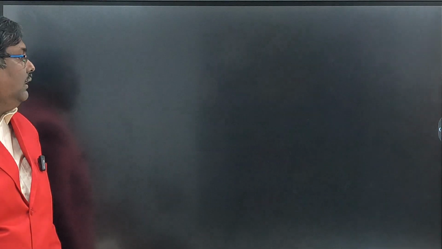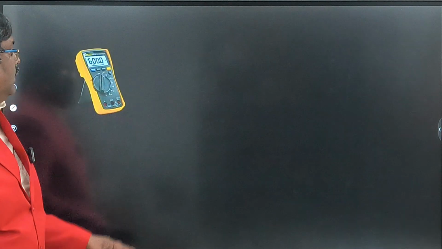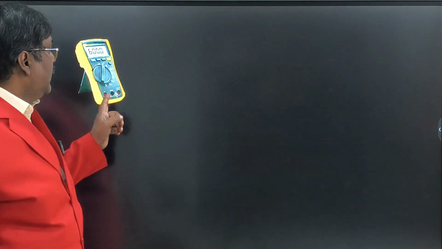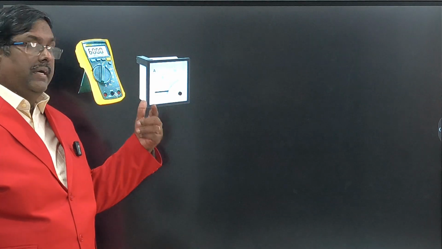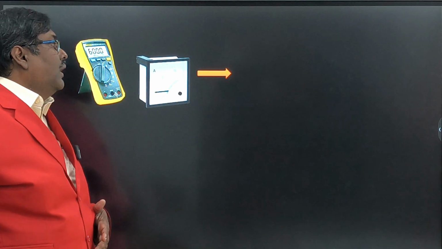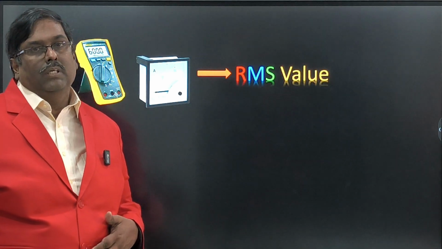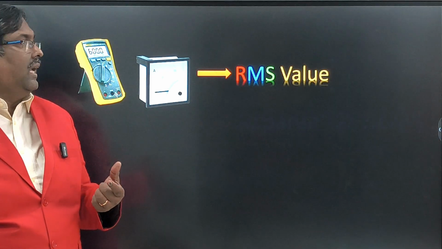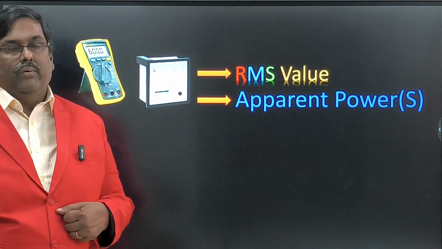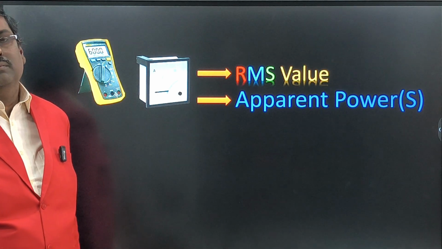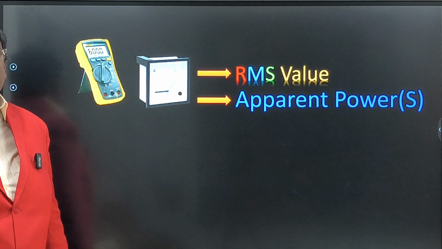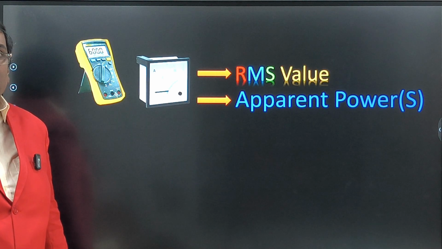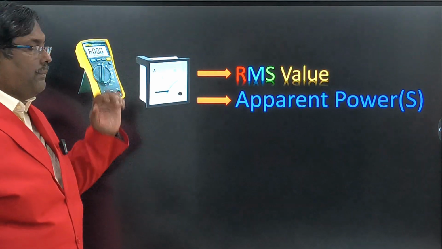Okay. Another one, multimeter. I already showed you the multimeter, ammeter, whatever it is in the panel. That will give only the RMS value. So with the RMS value, you can calculate only the apparent power. You cannot calculate the actual power. Actual power is the kilowatt. So if you want to find the kilowatt, you cannot calculate it from volt into amp.